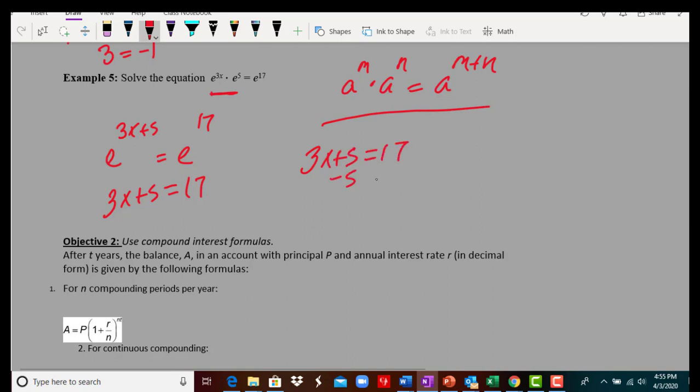I'm going to subtract the 5 from both sides, and 3x will equal 12. Divide both sides by 3, and then x will simply equal 4. And again, the best way to do something is to check yourself by plugging it back in to the original equation.